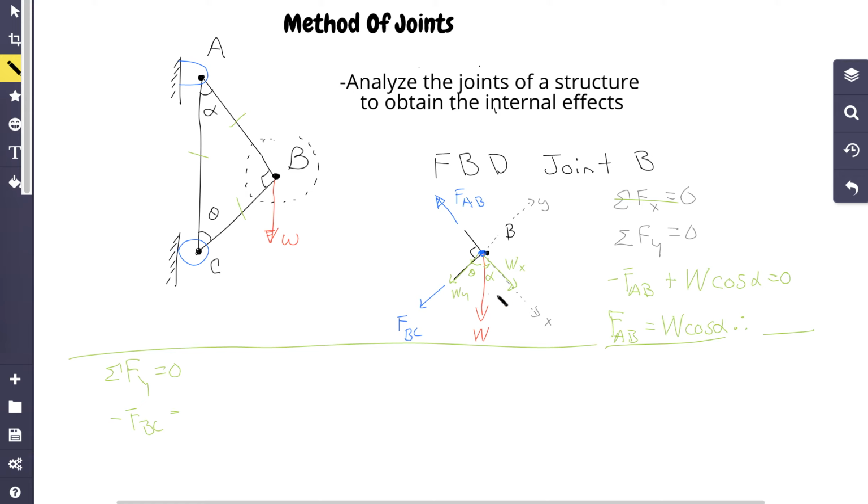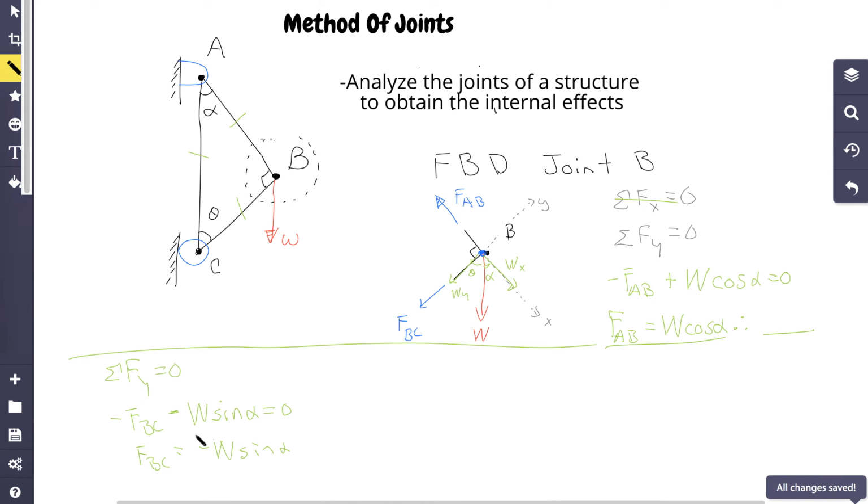But the WY can also be the W times the sine of that same angle, which is alpha. Now we could say also the cosine of theta, it's the same thing. So that gets equal to 0. We can say now that the FBC is equal to negative W the sine of alpha.